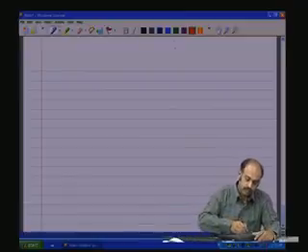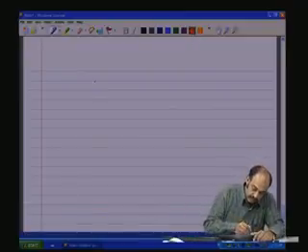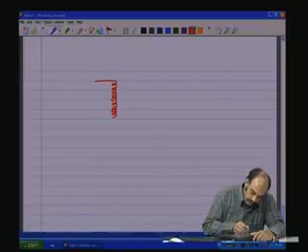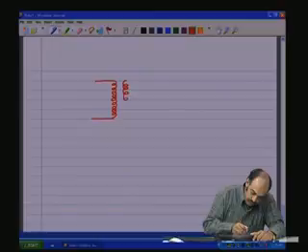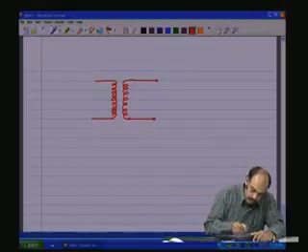Now, to complete the symbolic representation of the transformer in electric circuits, there is one more item that we need to add. We have the primary winding and the secondary winding. They have two terminals here, and two terminals here.